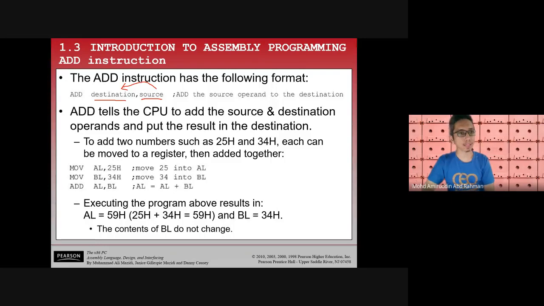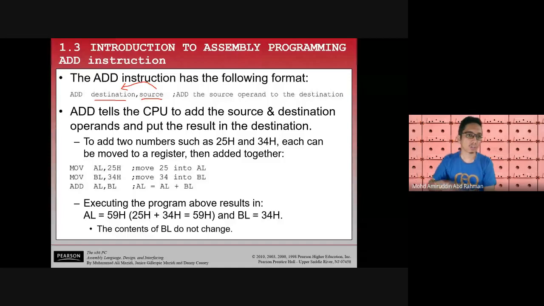Add tells the CPU to add the source and destination operands and put the result in the destination. To add two numbers such as 25H and 34H, each can be moved to a register, then added together.